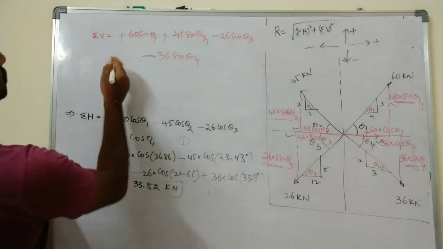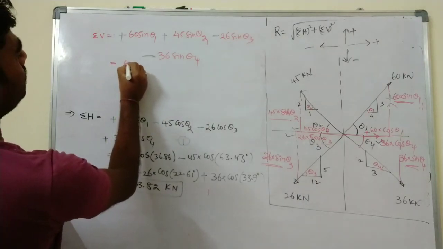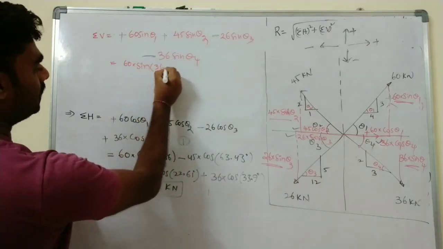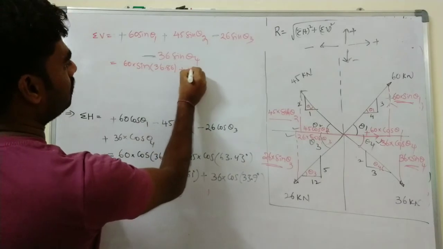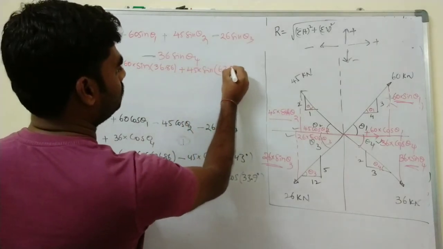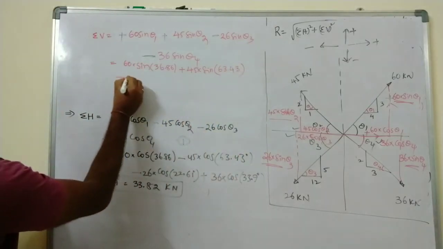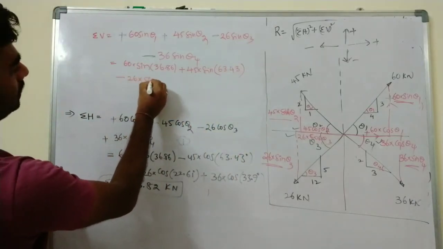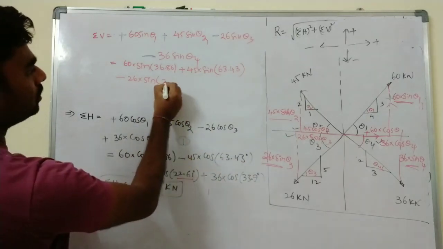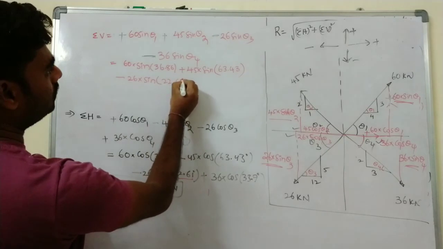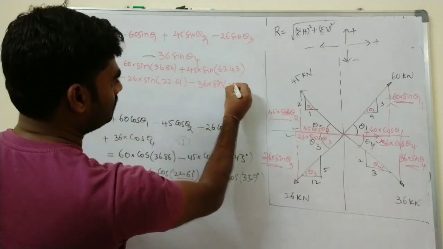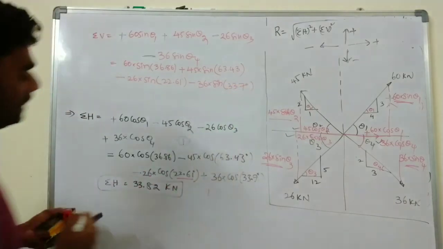So substitute all theta values: 60 into sin theta 1, equal to 36.86, plus 45 into sin theta 2, equal to 63.43, minus 26 into sin theta 3, where theta 3 equals 22.61, minus 36 into sin theta 4, which is 33.7 degrees.